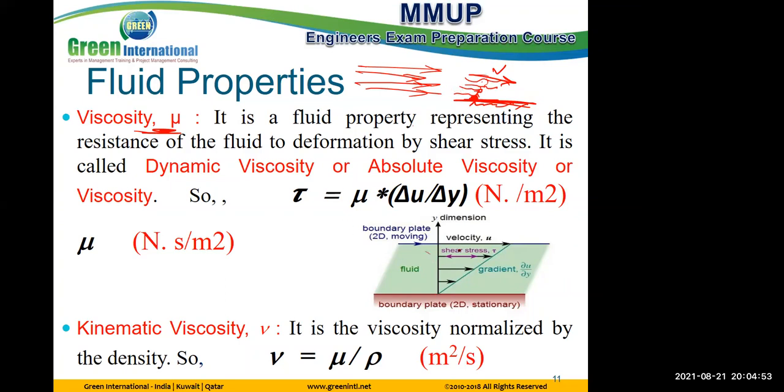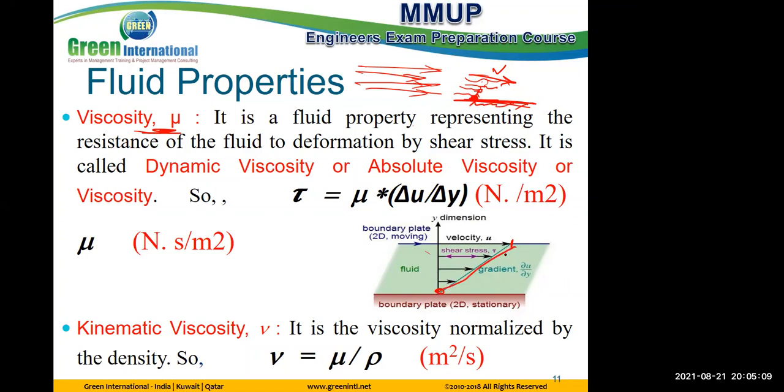So the velocity here is higher, which is free moving. This is what this curve describes. The velocity here is 0, and the velocity here is maximum for the free one. So we have something called the velocity gradient.